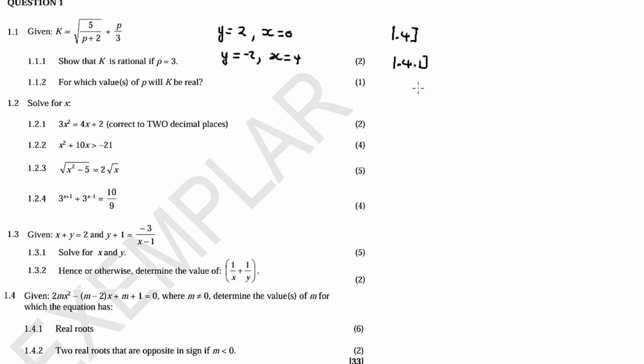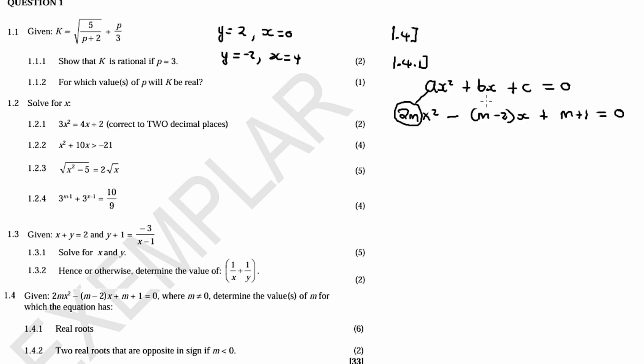1.4.1. Let's look at the equation closely. ax squared plus bx plus c equal to 0. We have the equation 2m x squared minus (m minus 2) x plus m plus 1 equal to 0.